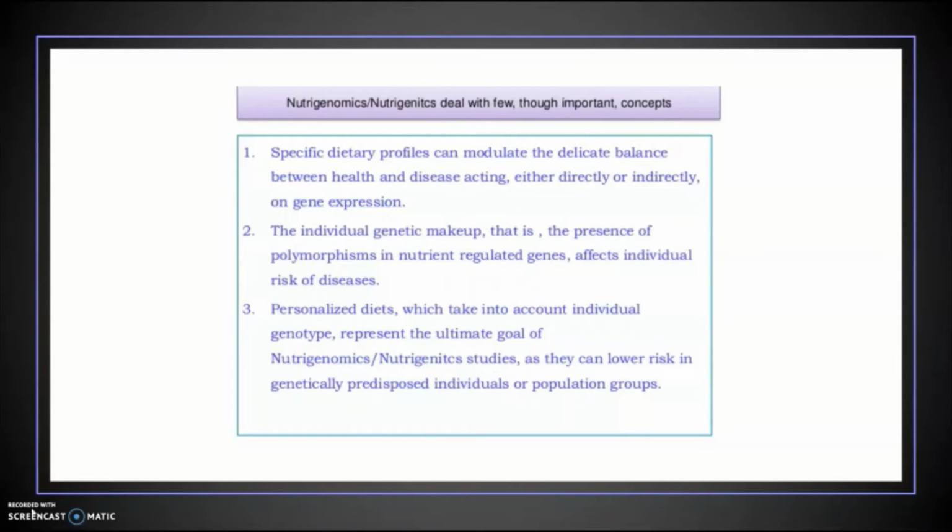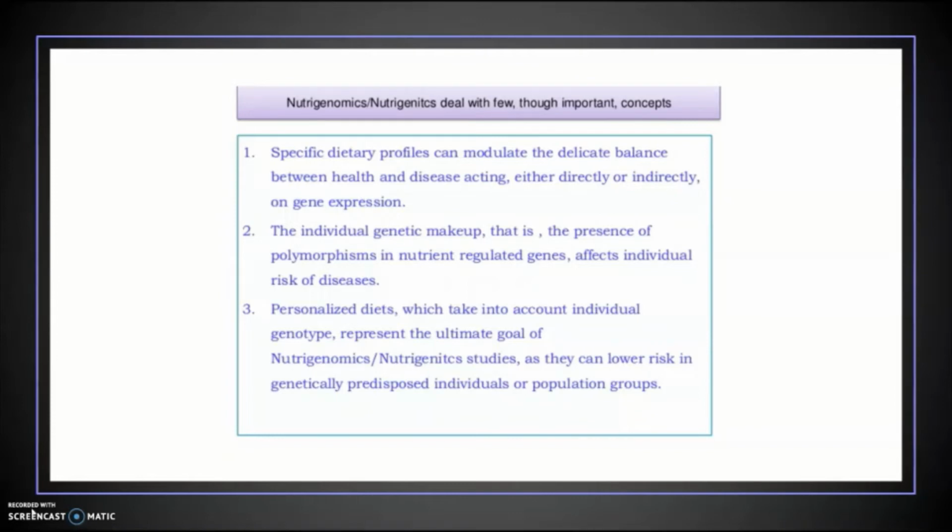So that is what I said earlier, like through nutrigenomics we can identify the mutated gene which is responsible for the metabolism of that concerned nutrient. So we can avoid that diet, and we will stick to some specific dietary profile. So that will modify our condition.